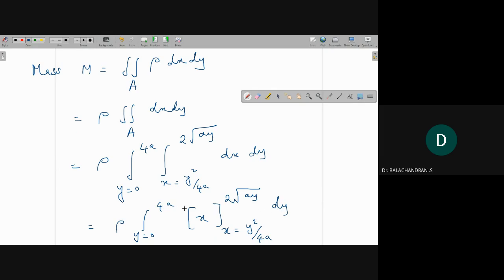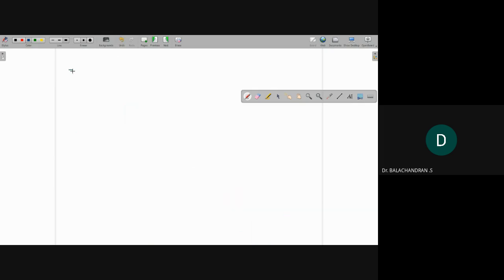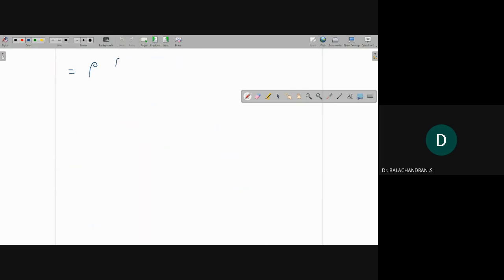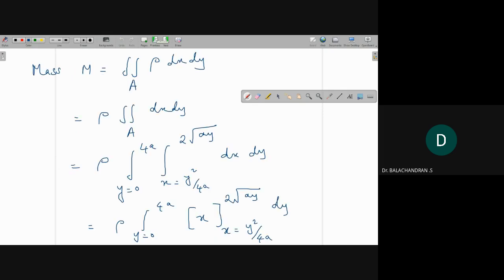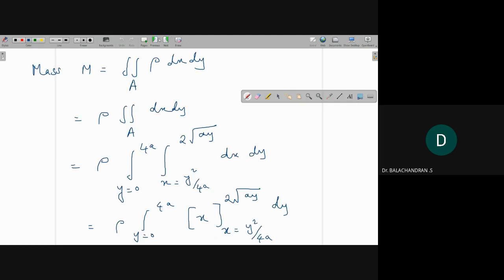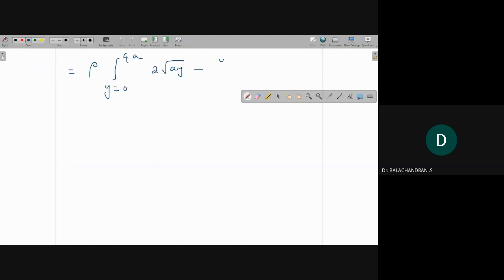Substitute the limits: the upper limit is 2 root ay, minus y square by 4a, into dy.